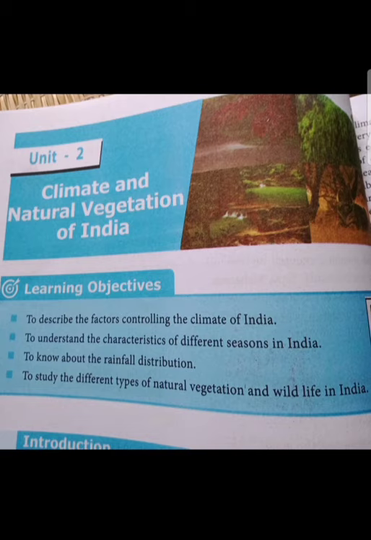Rainfall is not distributed throughout India at the same time. When the southwest monsoon prevails, it may be in the Western Ghats alone that we get rain. In the northeast monsoon, the coastal plains in the northeast may be getting rain. The rain is unevenly distributed.